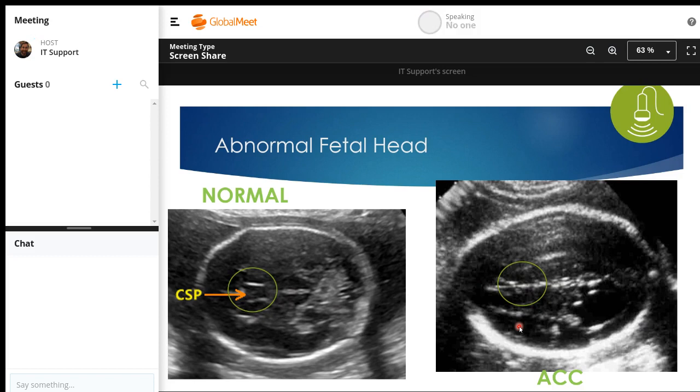This is a tricky condition for parents to deal with if it was found in their fetus. If the CSP is absent, it doesn't always mean that things are going to end up poorly with the fetus, but it could mean that things could end up really bad.